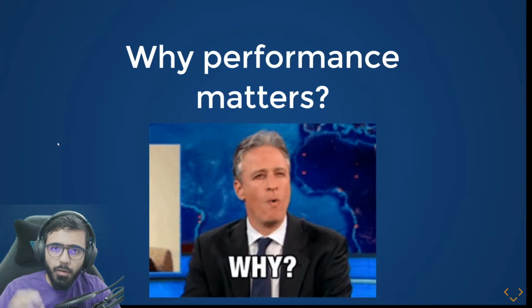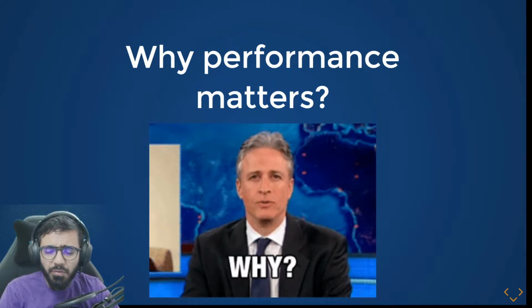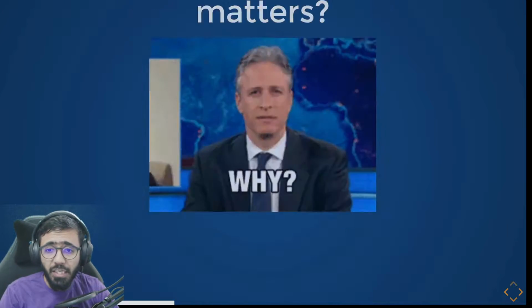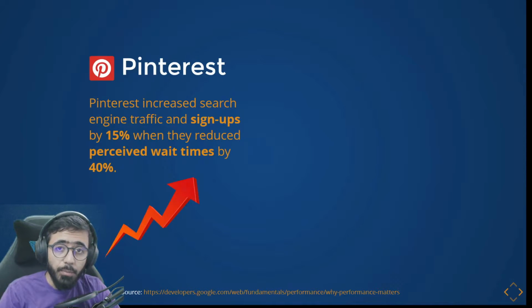So now we can get started. First of all, let's talk about why performance matters. Why do we have to talk about performance or anything with our web applications? So if we talk about some surveys, Pinterest actually increased their search engine traffic by 15% when they reduced the perceived wait times by 40%.